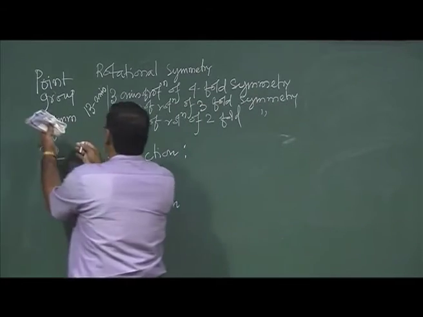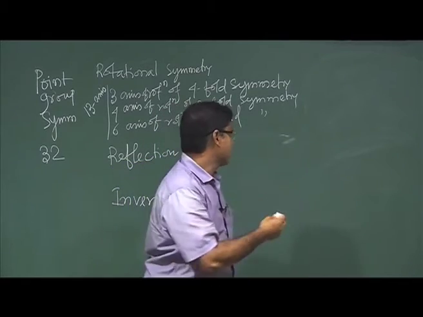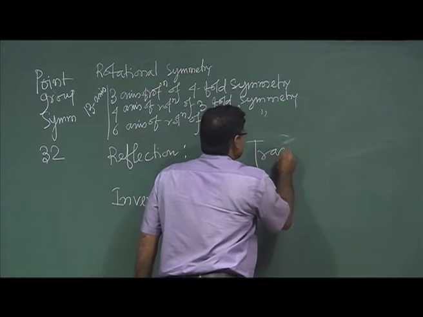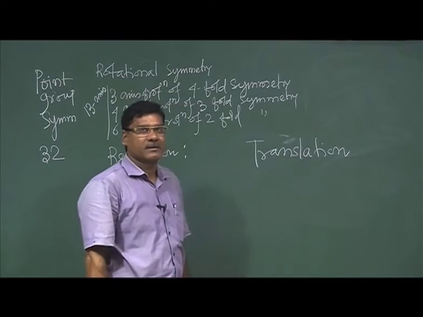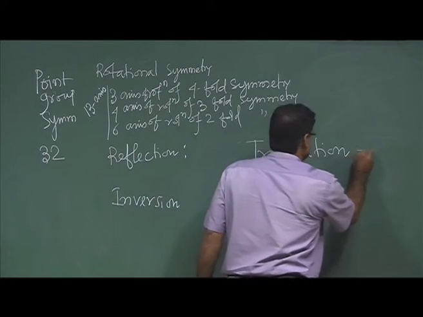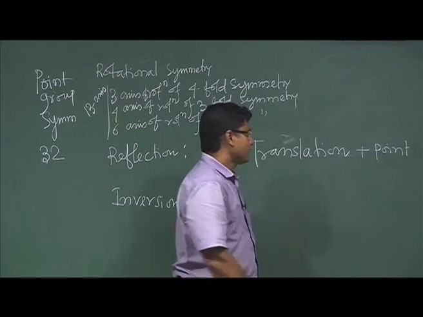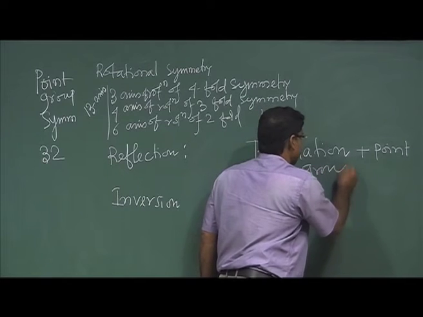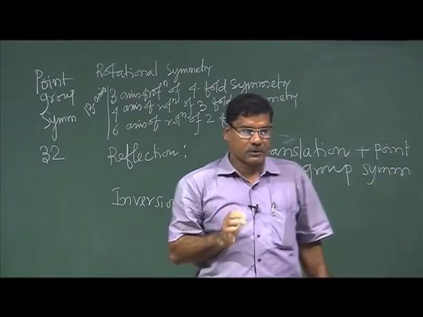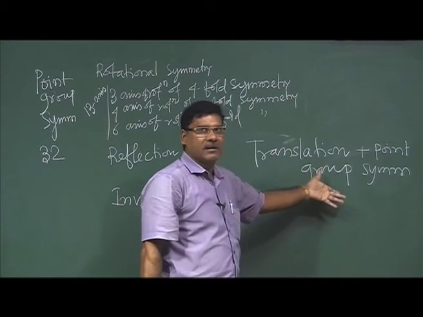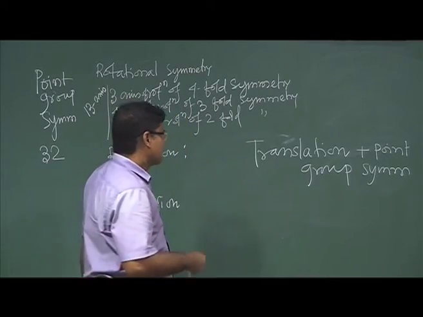With point group symmetry, if you add translational symmetry, this will give symmetry in space.